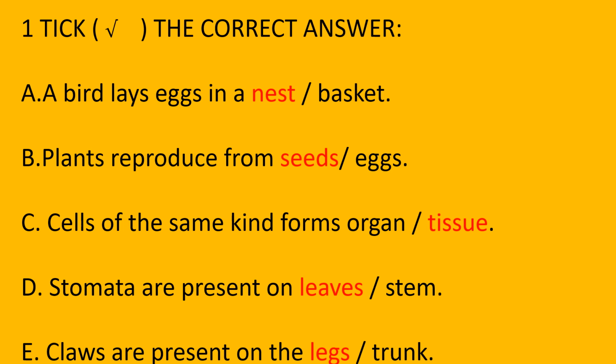Next question is, claws are present on the legs or trunk. Children, here we need to explain the location of claws. Where are they present? They are present either on legs or on trunk.